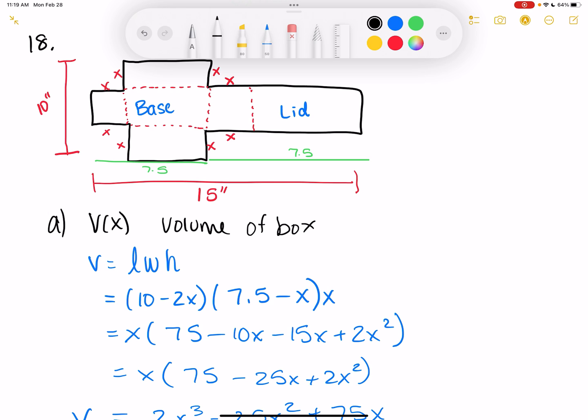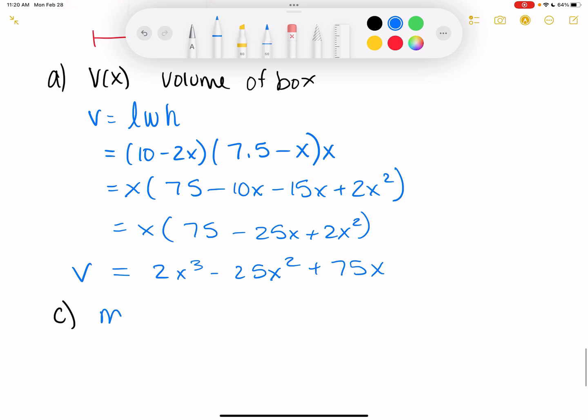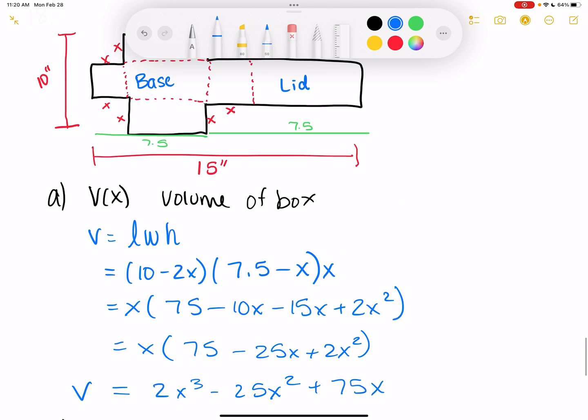So we have our max at x equal to 1.96 and y equal to 66.02. So basically, the way they want you to write your answer is that the max volume is 66.02, and did it give us units?